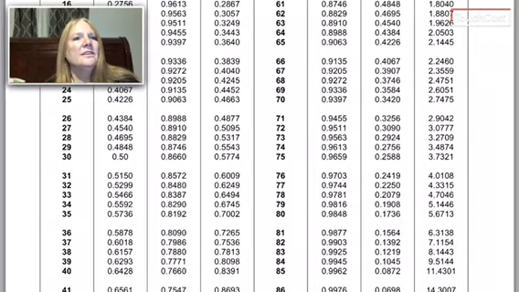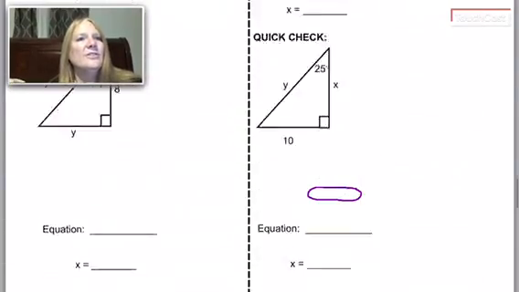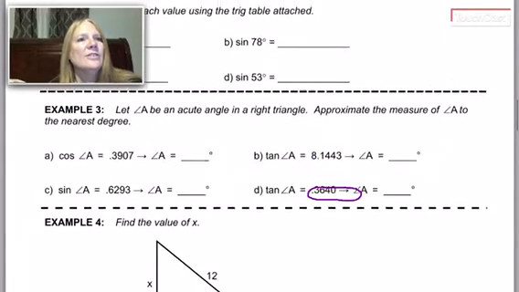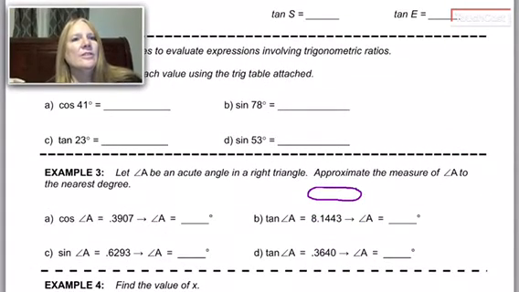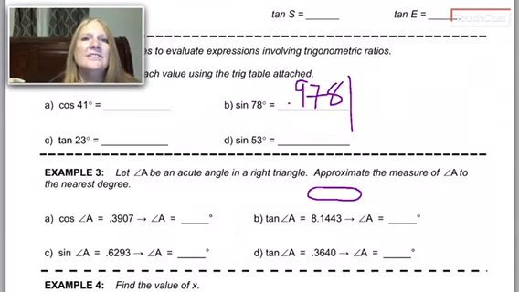Okay, sine of 78. I have a hard time scrolling back and forth. 0.9781. And then we want the tangent of 23.